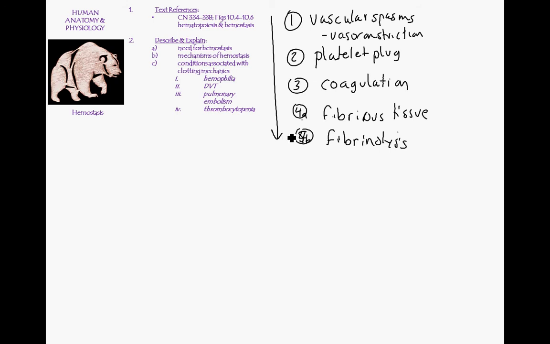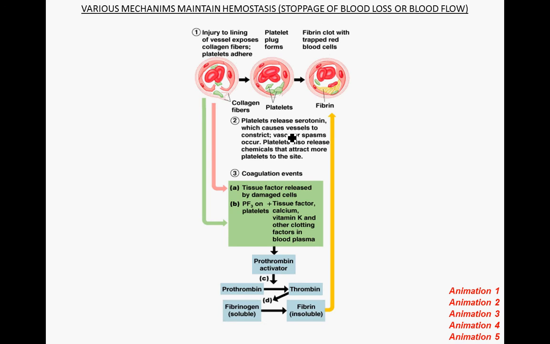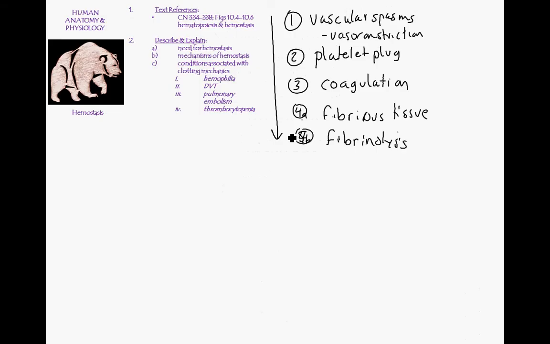Okay, so this diagram here is basically talking about the platelet plug formation, the coagulation, and then the fibrin formation. So the stimulus for vasoconstriction, now let me just go back a second and address this.